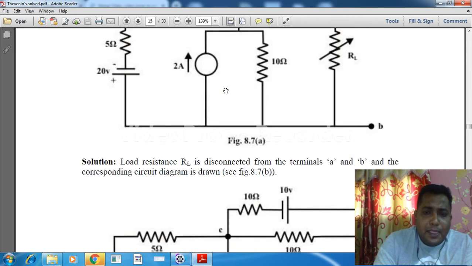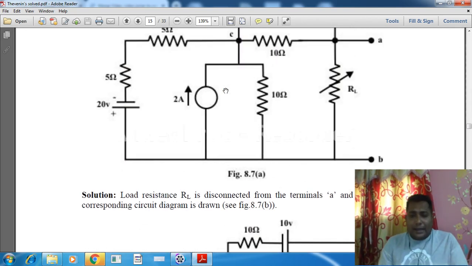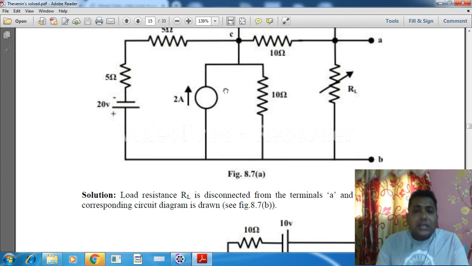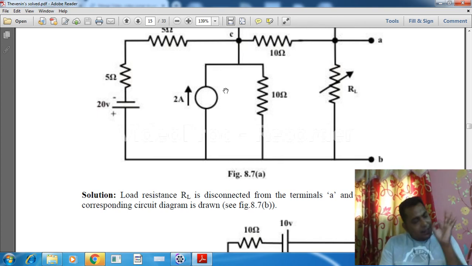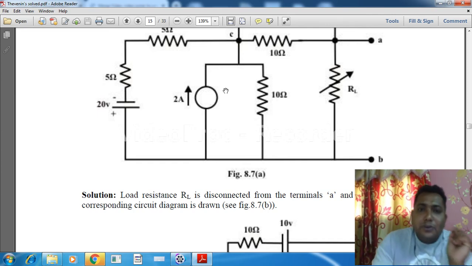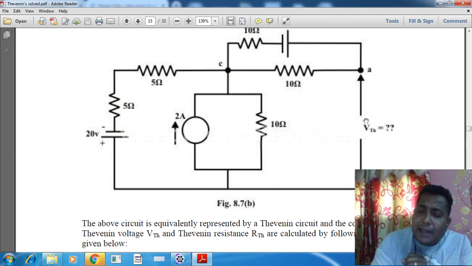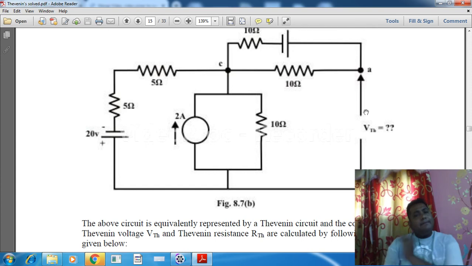So if we want to find IL through RL, we have to follow the same steps as mentioned in Thevenin's theorem, which I told you 2-3 minutes before. There is RL between the A and B terminals, so we remove that one, make the terminal open, and now find the VTH over there.